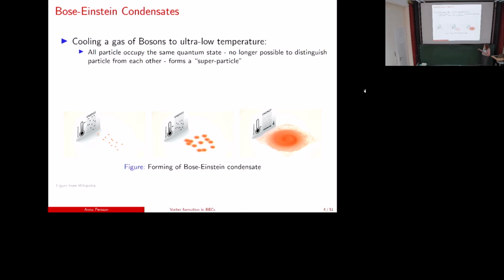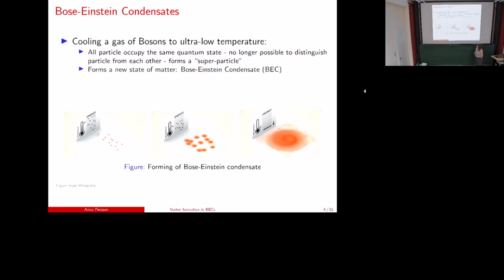So they will move less freely, and they start to decrease in energy. And as the temperature gets very close to 0 Kelvin, they will all fall to the lowest energy state and form this giant wave. And this is what we want to model, the behavior of this.